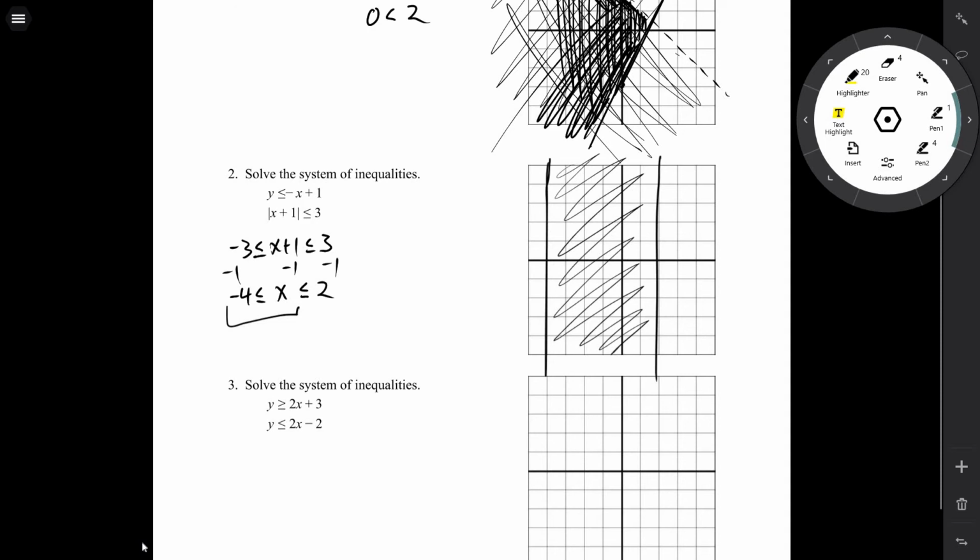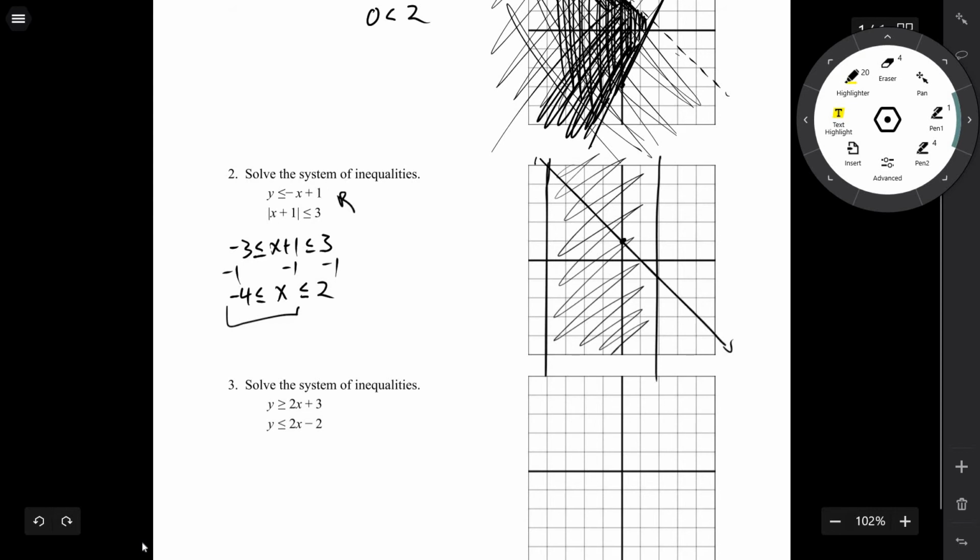But that's not it. We still need to graph this first inequality. Let's jump to the more challenging one, the one that's going to stand out a little bit more. We've got a y-intercept of +1 and a slope of -1. So we'll have a line that looks something like this.